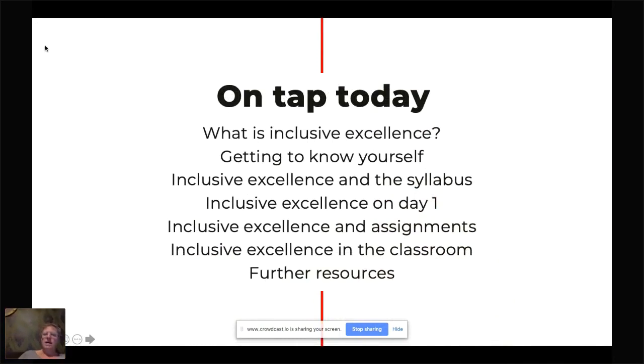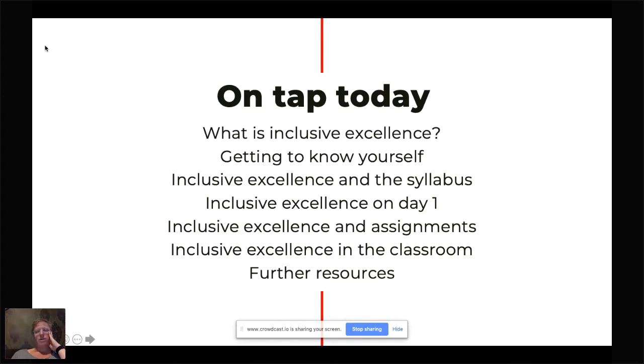So on tap today, we're going to first talk about what is inclusive excellence. What do they mean when they use this language with us? Then we'll talk about getting to know yourself and how that helps set up an inclusive classroom. Then we'll talk about inclusive excellence and the syllabus, because that's where a lot of this stuff starts in this document you give your students.